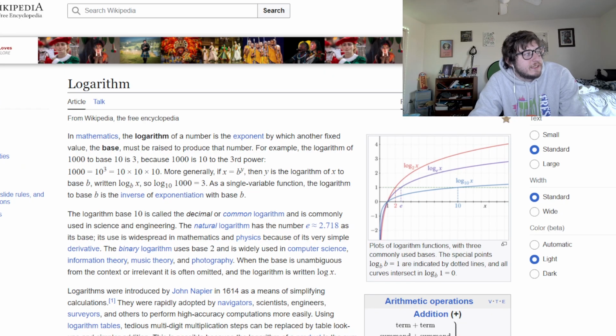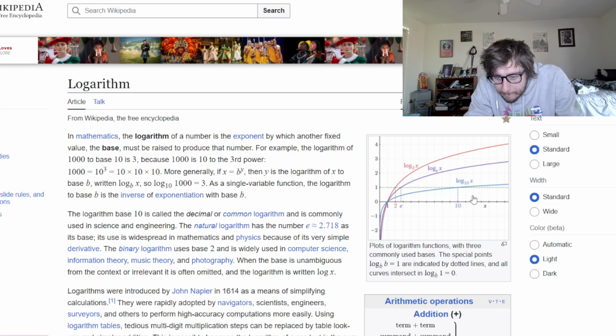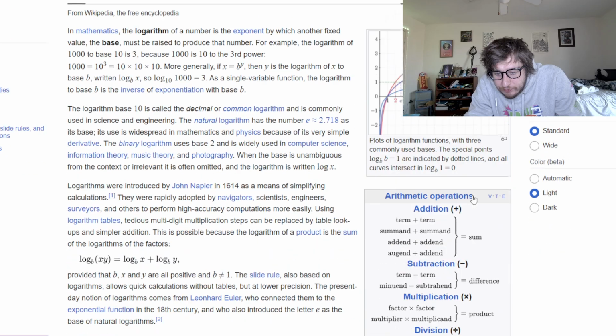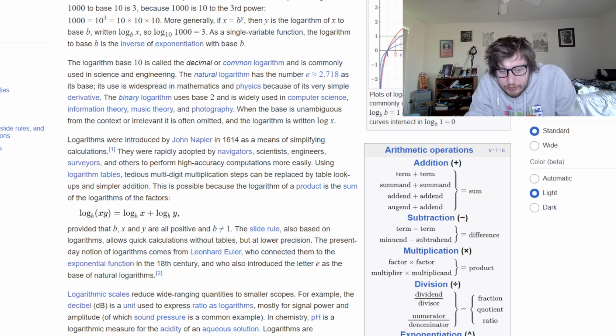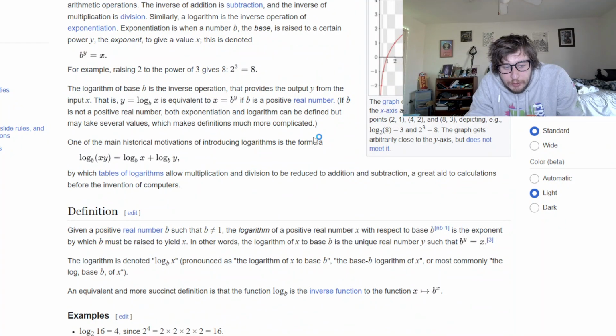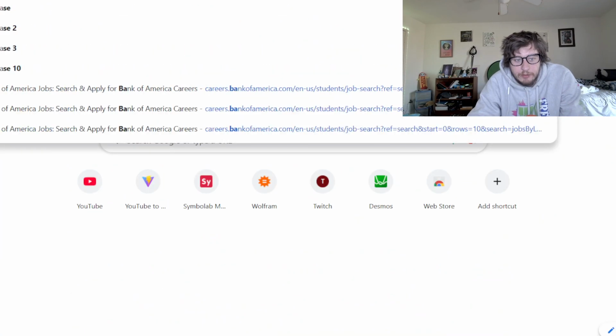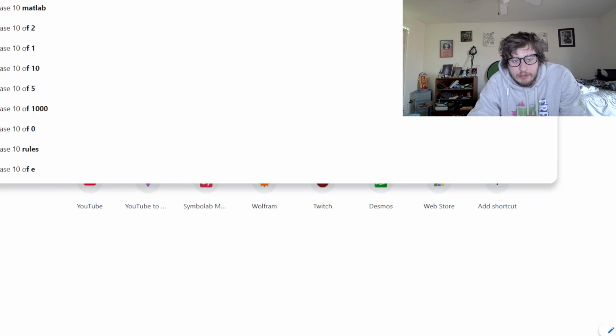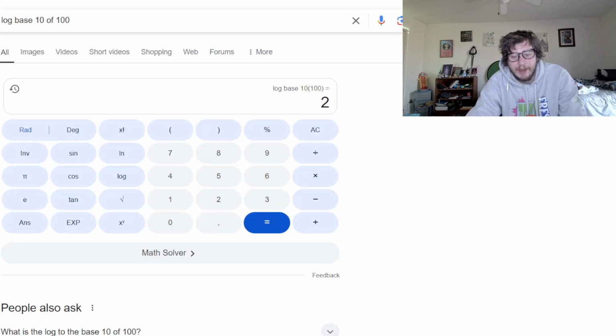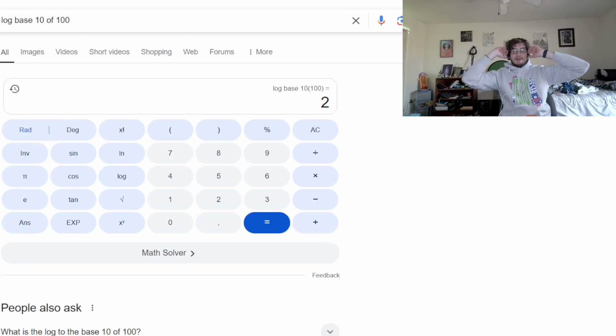Oh, is the exponent by which another fixed number, oh, okay, so log base 10, wow, that makes way more sense.